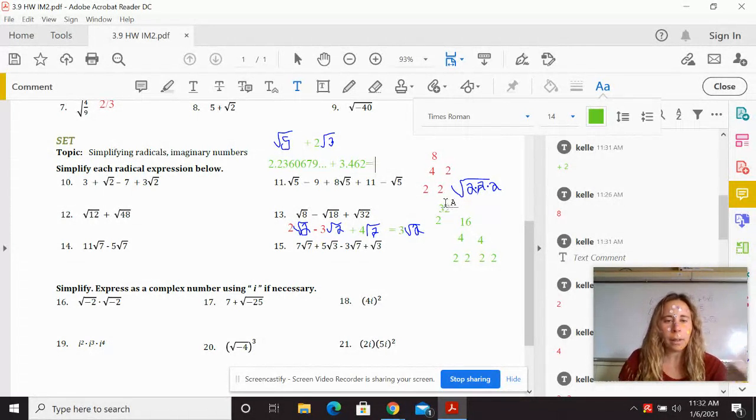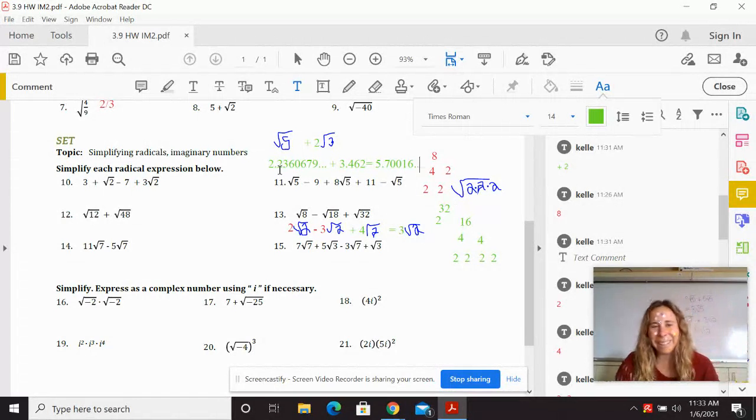If you add those together, you get like 5.70016, it goes on forever.